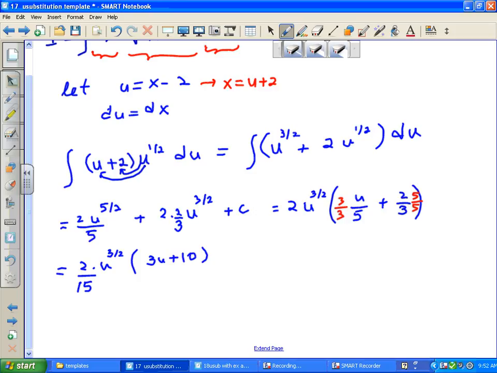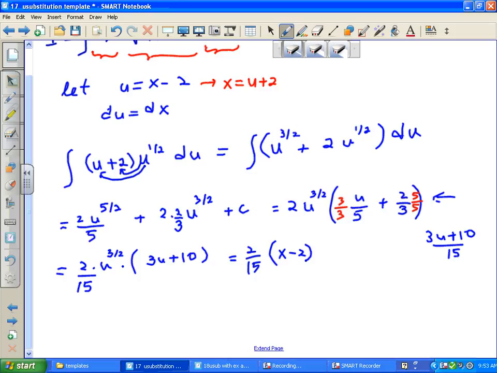And now I'm going to bring in the u. u was x minus 2. When you simplify what is inside the parentheses, you have 3u plus 10 over 15, right? These are all being multiplied, so I can put that 15 under any one of those factors.